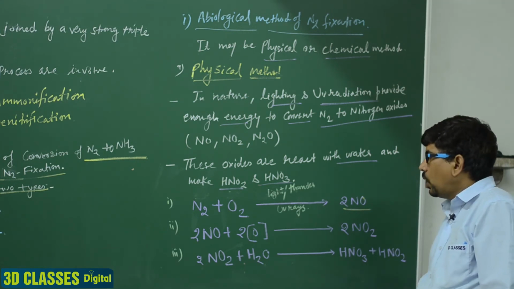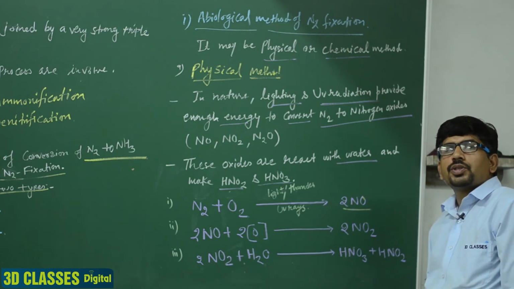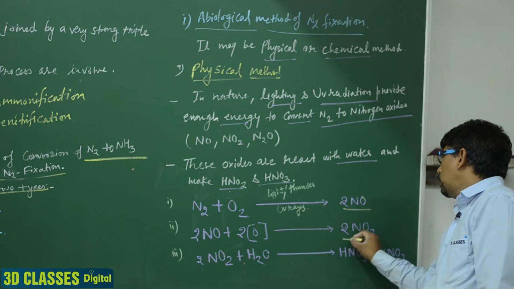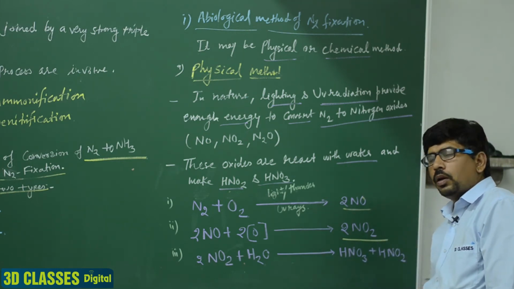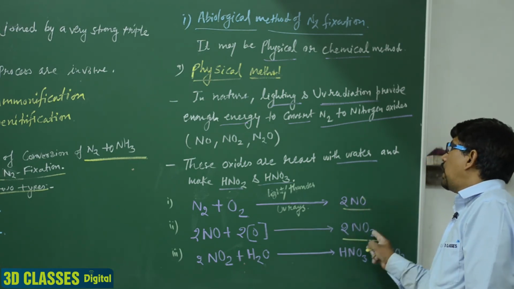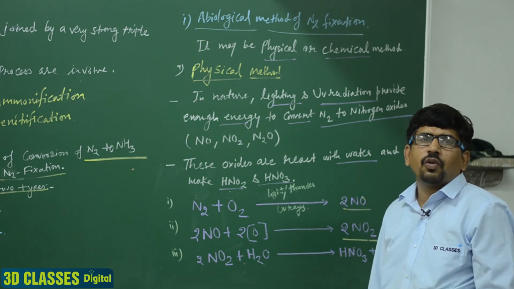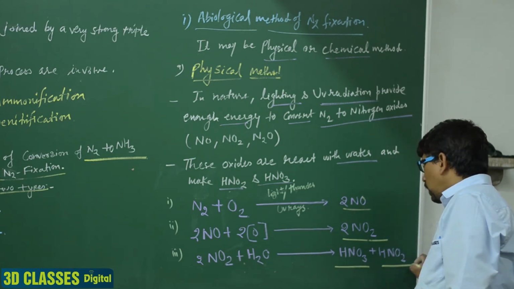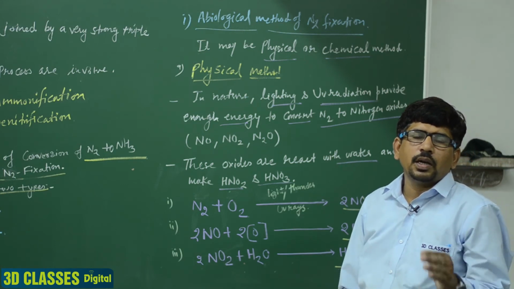This 2NO, through oxidation in the presence of oxygen, again makes 2NO2. Clear? First we make NO, then NO2, and this NO2 reacts with rainwater and converts to HNO3 and HNO2, nitrate and nitrite.